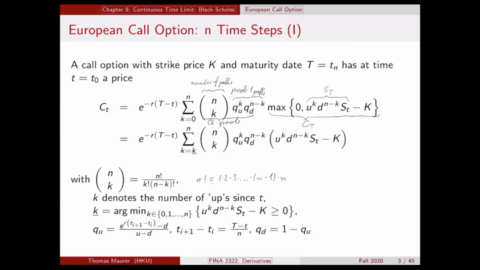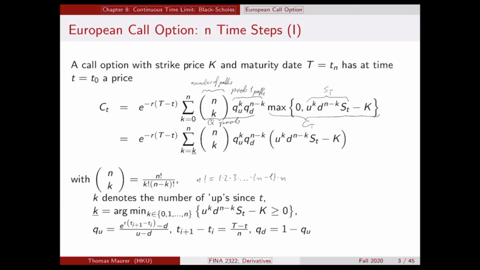So what do we then have over here? Well, that's just the risk-neutral probability of getting this payoff of your call option. We add all that up for all the different possibilities in the tree, from no up movements at all, or any k up movements, all the way to the case where we have only up movements, where k is equal to n.